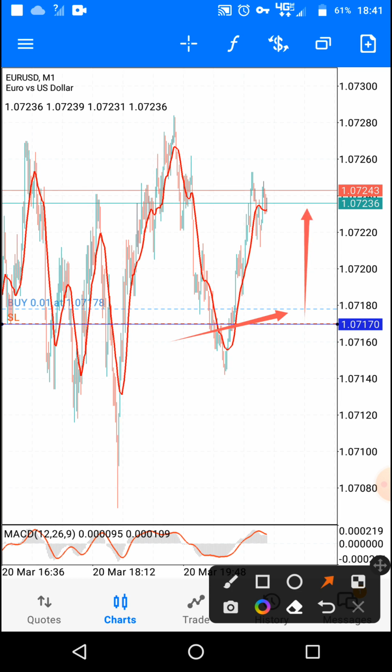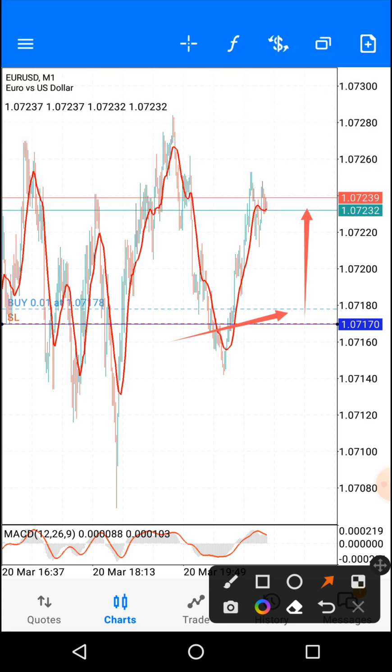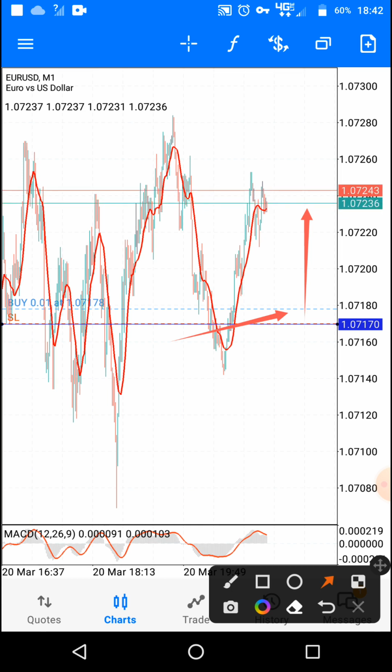But where do I want to take my profit, especially when I'm not on the trading platform? Because it can move up at a certain point that you might not be aware of. So I'll say, let me take my profits around here.